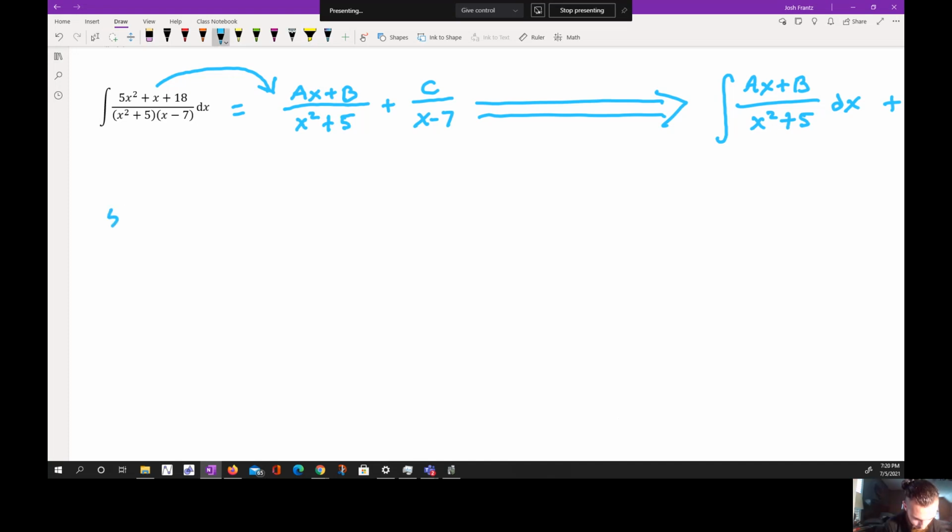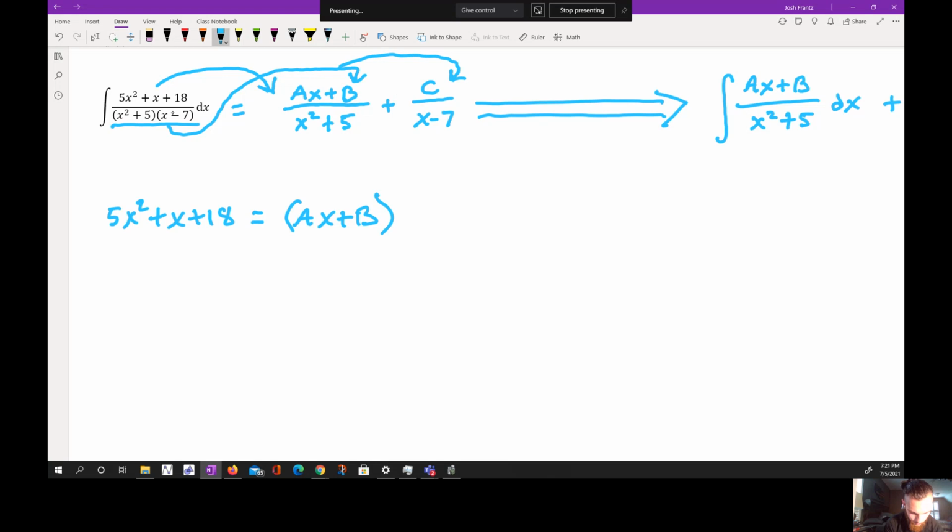So what we do is we'll set our original numerator equal to Ax plus b times, and we're going to get rid of the fractions. So we're just going to write it all as terms. And the way that we get rid of the fractions is that we multiply the original denominator by each one of these numerators.